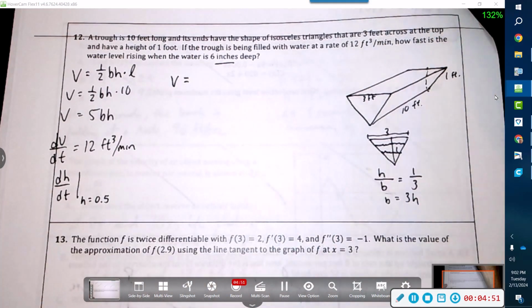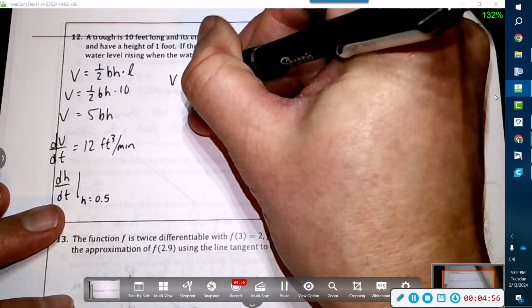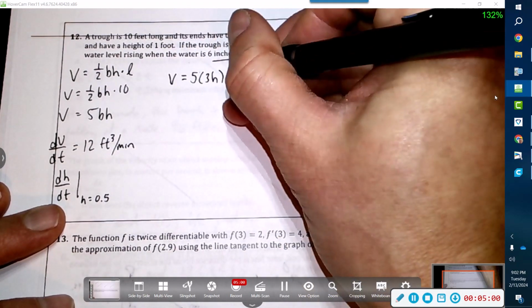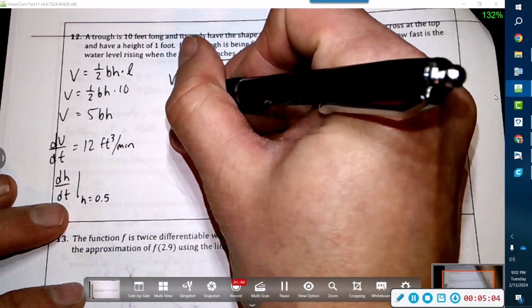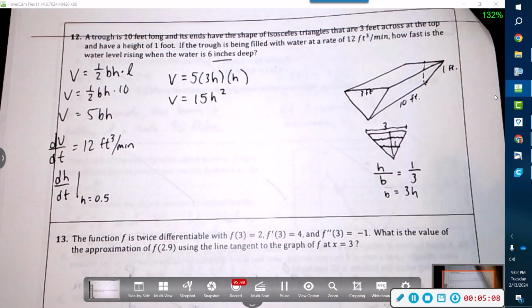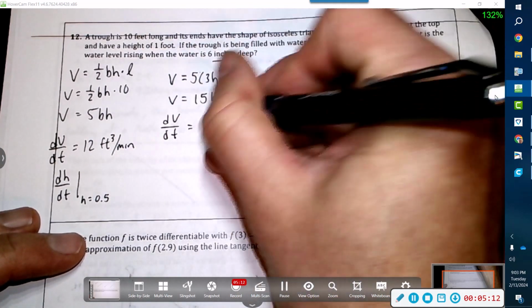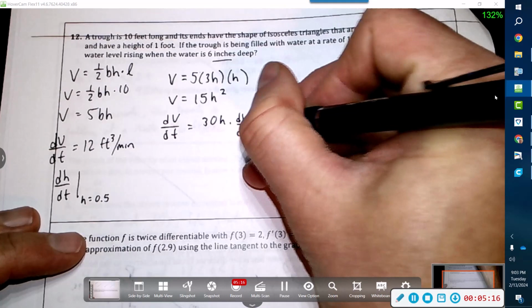Okay, so that aside, we've got 5 times 3h times h. And so that gives us the volume is 15h squared. If I were to take the derivative, I get 30h times dh/dt, and we sub what we know.